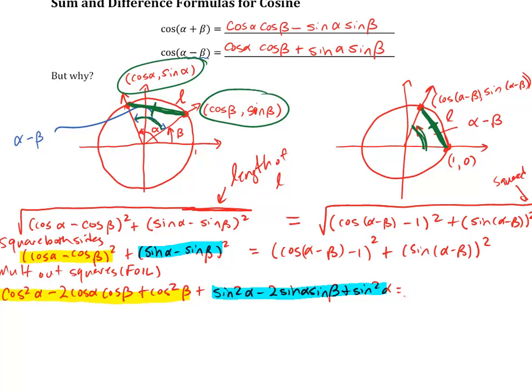And I'll have cosine squared of alpha minus beta minus 2 cosine of alpha minus beta. I'm going to have to go down to the next line. Plus 1. And now all of this became all of this. Plus a sine squared of alpha minus beta.